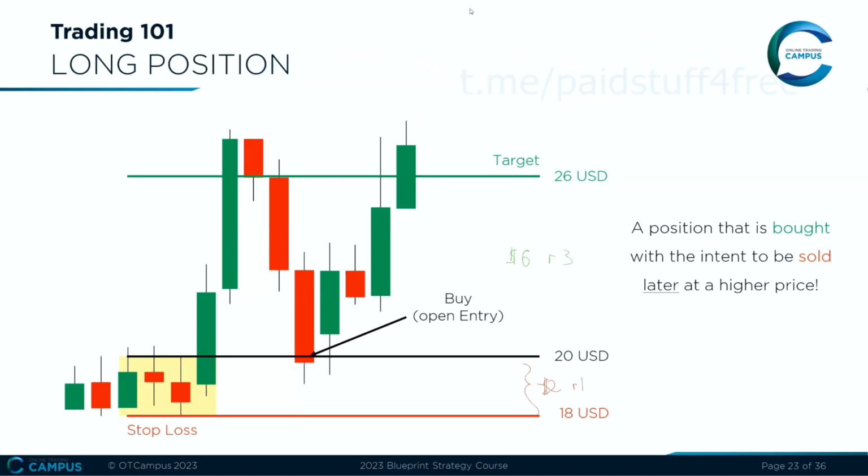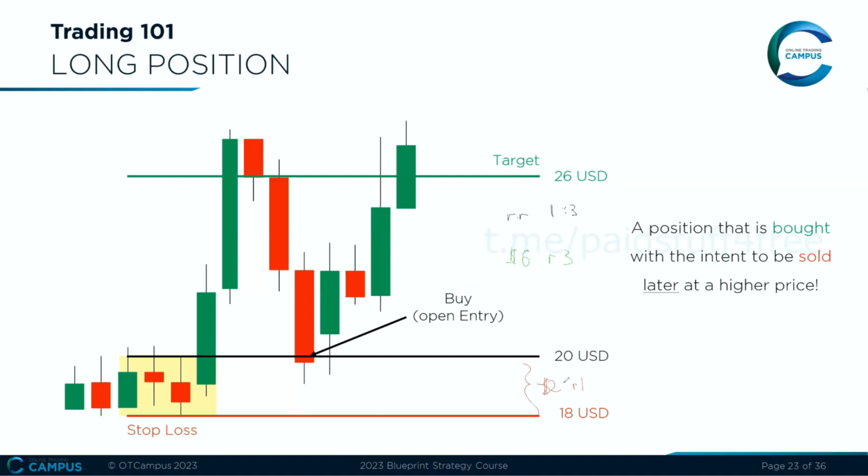So your risk to reward ratio is 1 to 3, meaning for every dollar you risk, you make $3. Now, this could be an interchangeable variable in whatever you want to risk.